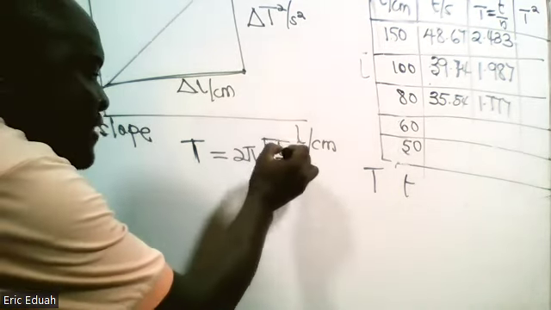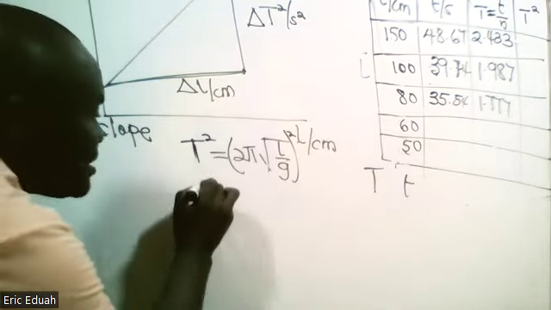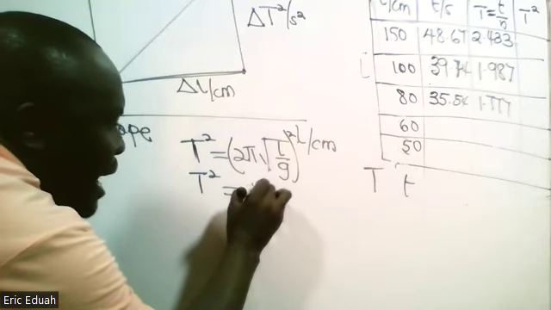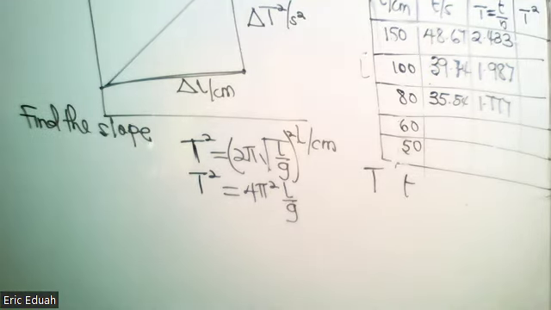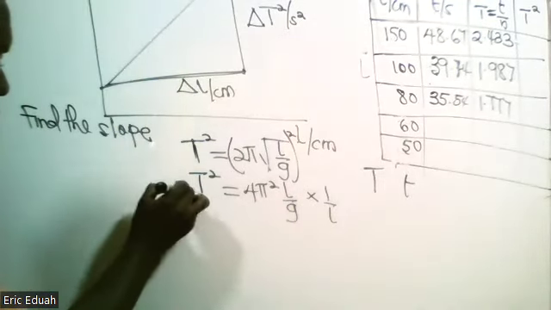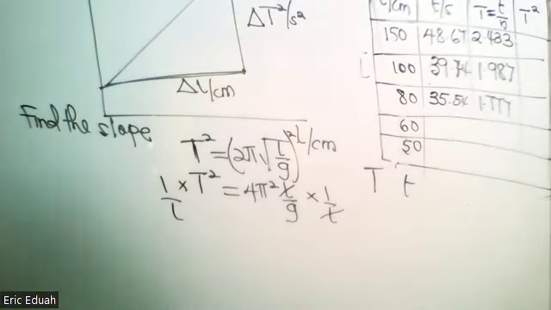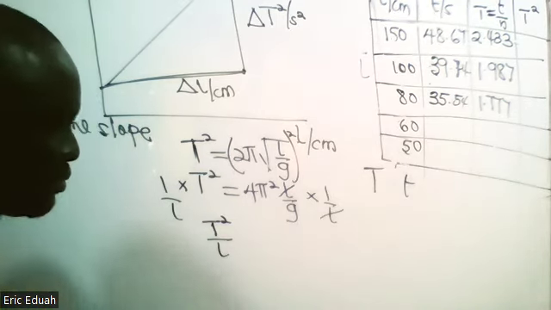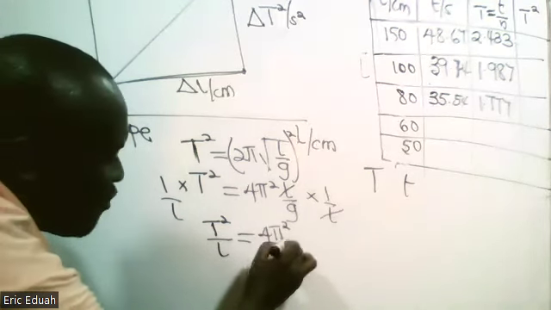So if I square both sides of the equation, I have T squared equal to 4 pi squared L over g. When I multiply by 1 over L on both sides of the equation, I have T squared over L equal to 4 pi squared over g.